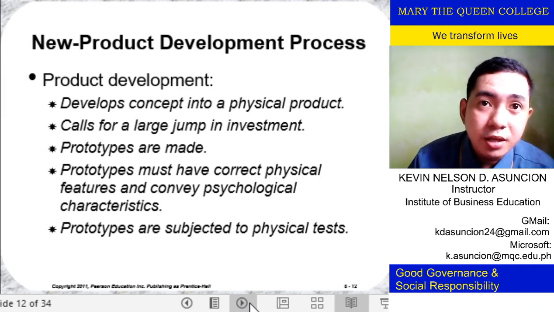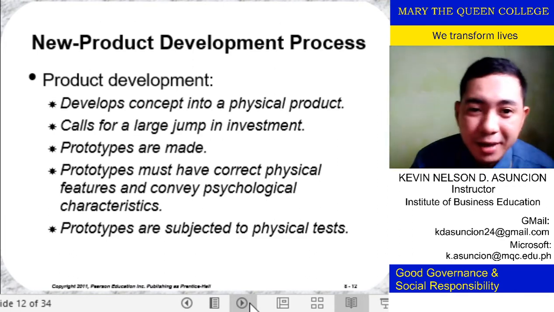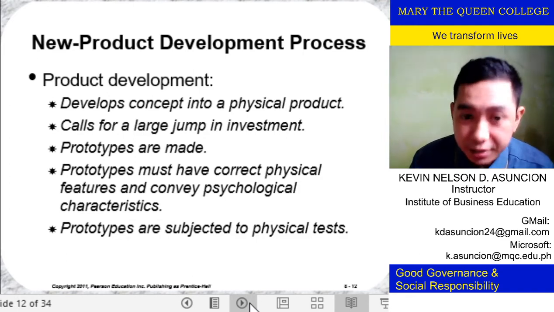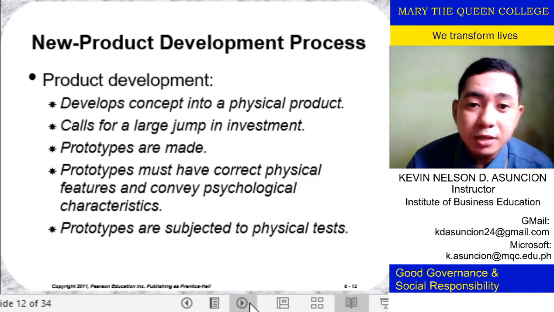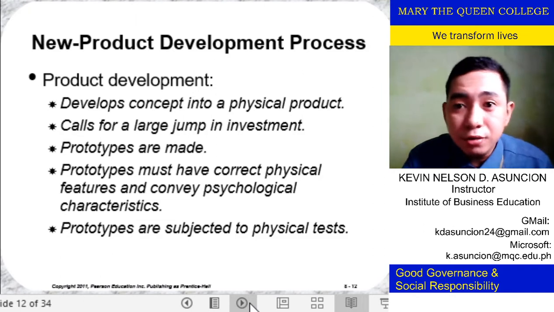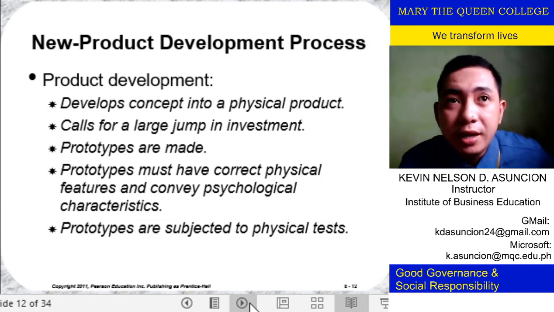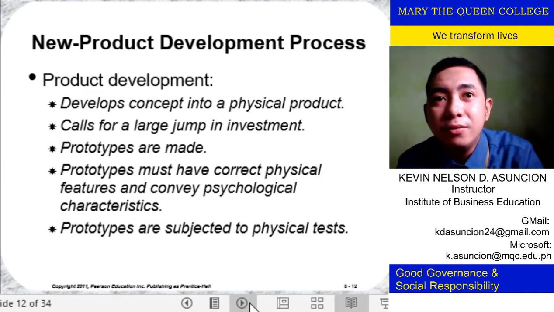And also the human trials, the prototypes are made. Now, prototypes must have correct physical features and convey physical characteristics. So, prototypes are subject to physical test. So, yung susubukan nila, no? Una, what they call that clinical trial, and then the human trial, that's the phase 3.